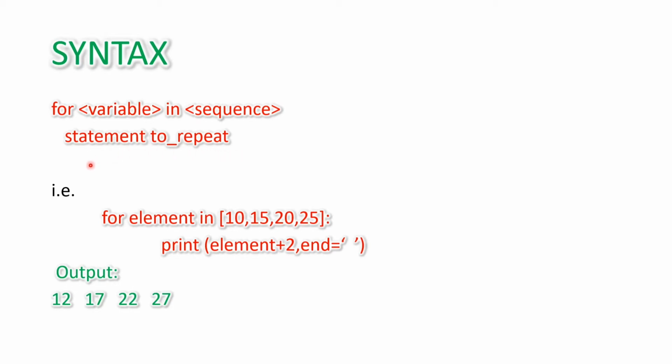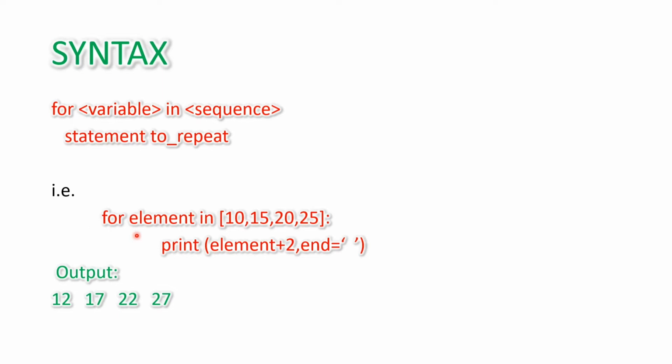So here you have the loop variable name element in a range given with different values like 10, 15, 20, 25. So when this set of statements executes, what is going to happen?